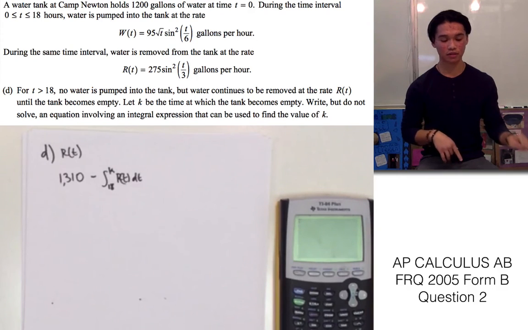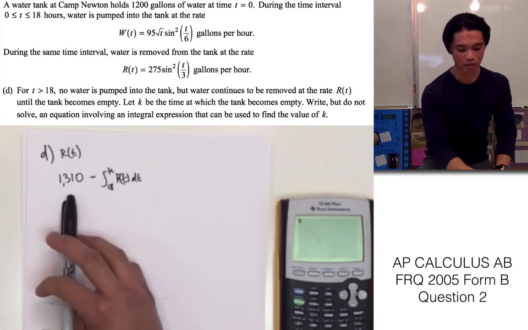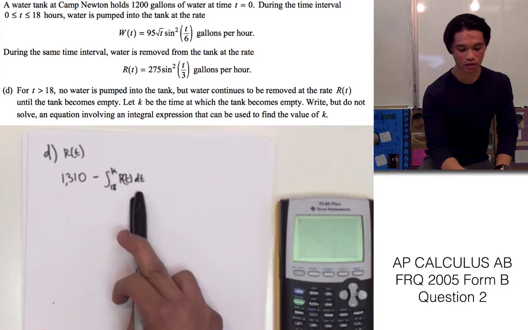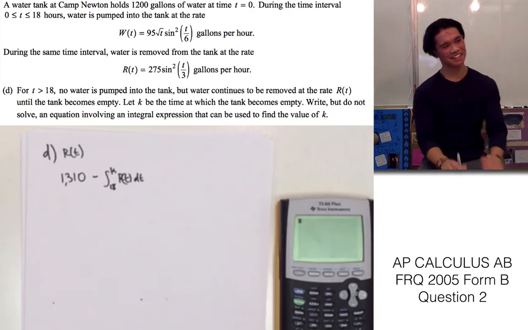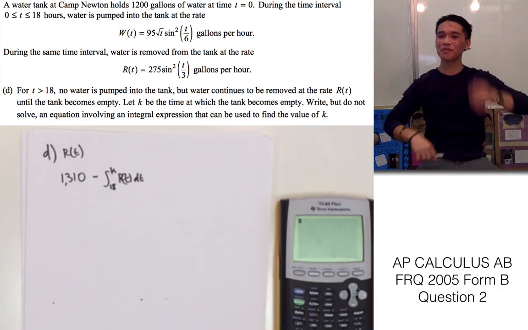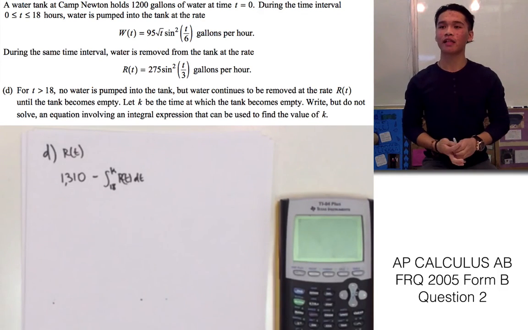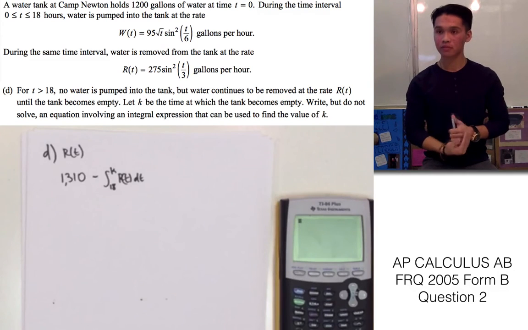To start. Okay, so this function is representing the amount of water that, what did you say? Where do you want me to start? No, because the question is asking you about writing out an equation of the amount of water being pumped out after t equals 18, right? Yeah. So that is the model of the function being pumped out. Because you already formulated the function. Okay. The integral function. Yeah. So you're just explaining what it means. Okay.